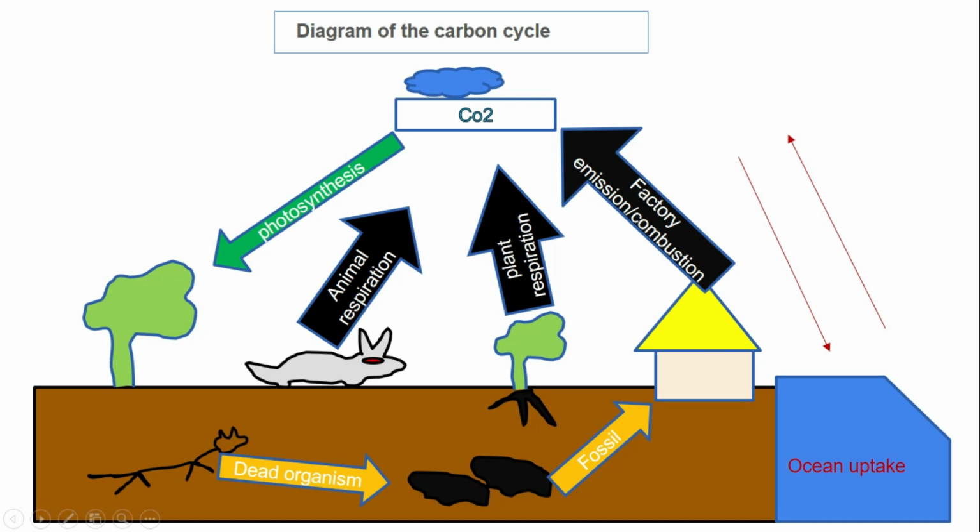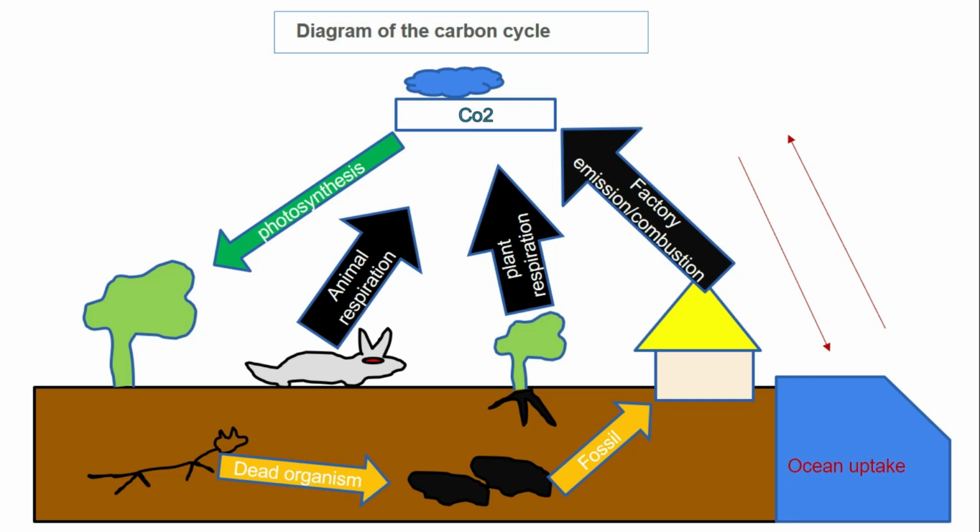For plants, they also go through respiration because respiration is a process by which energy is released from food. So plants normally use that energy to carry out their basic functions, for example, absorption of water and nutrients, growing, translocation, etc. So plants use their own food.